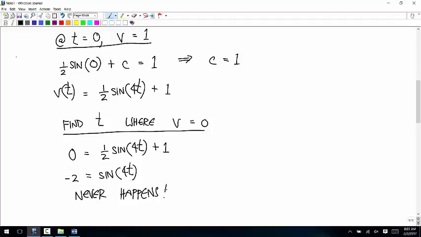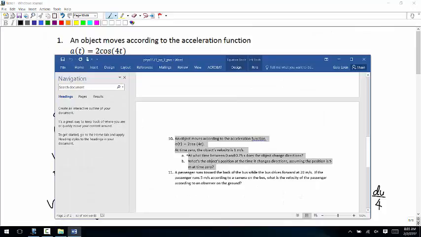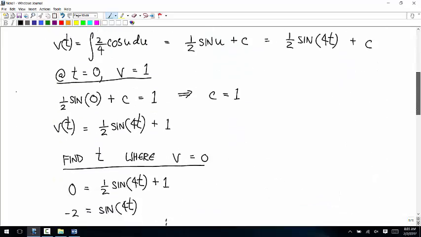What? Oh, there is. Oh, I didn't copy that. Yeah, that's right. And so what's the object's position? Well, it never changes direction, so that one doesn't work either.